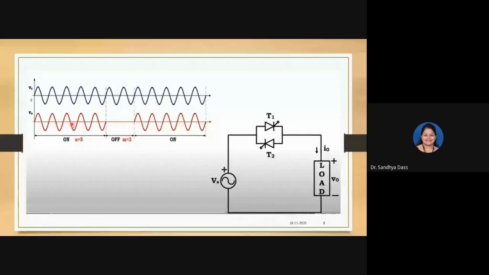That is the important point to note. It will be fired alternately. In the positive cycle, T1 will be fired. In the negative cycle, T2 will be fired. All right. So that will give us an AC signal at the load. Got it?